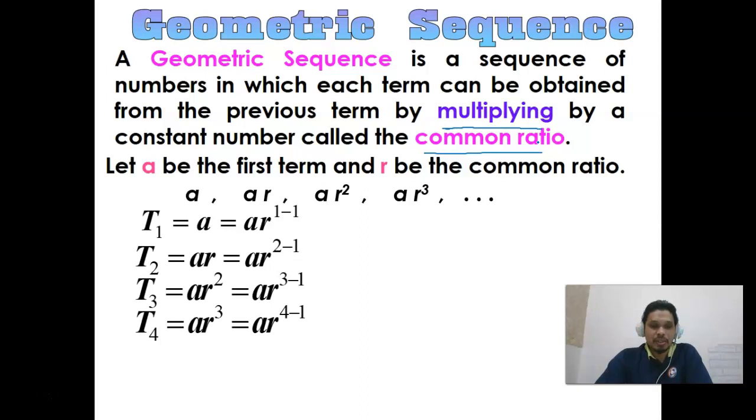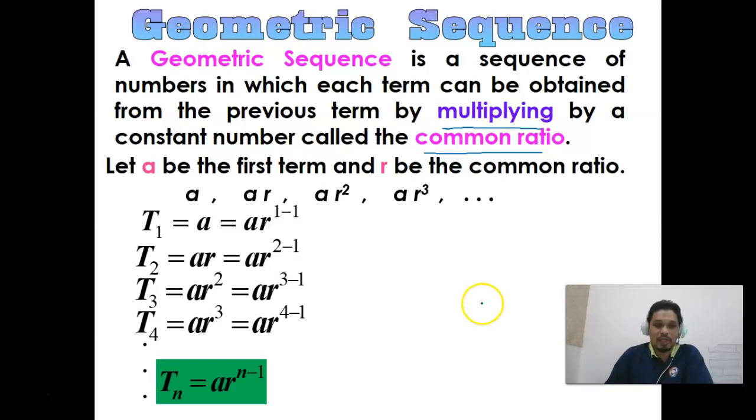Generally we can say that the nth term of the geometric sequence is a times r to the power of n minus 1.